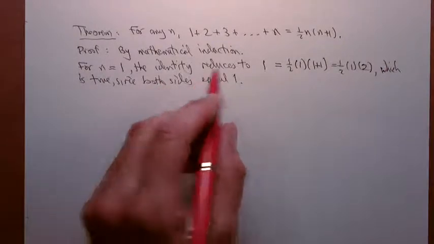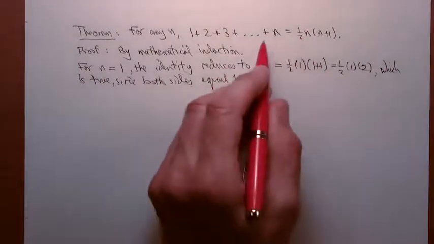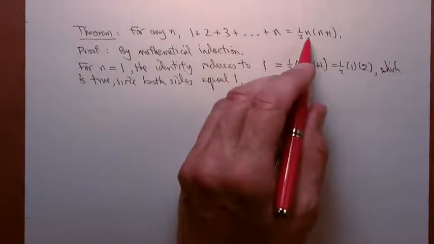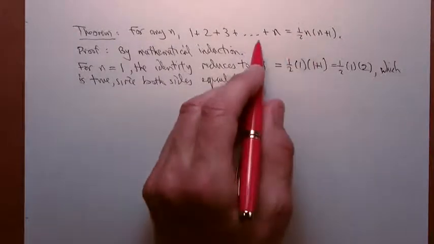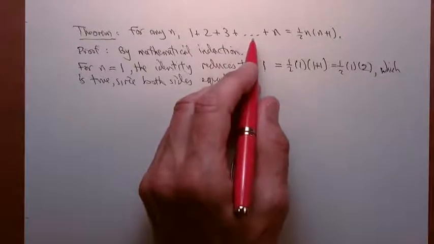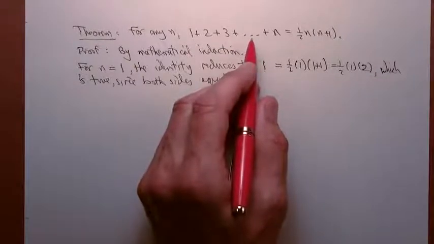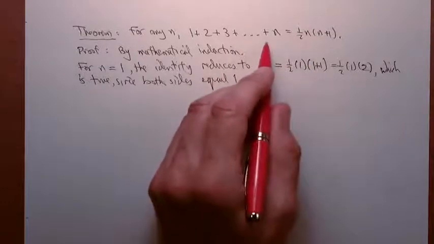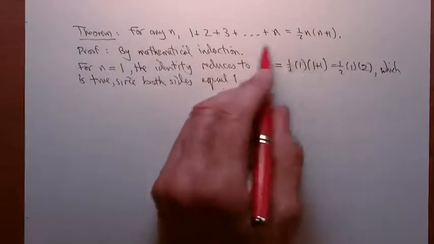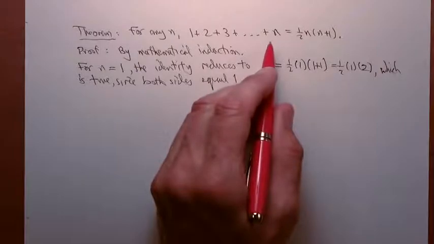Incidentally, you may have noticed that I referred to this not as an equation, but as an identity. The reason is that an equation is something that you solve to find the value of a variable, either x in the case of a real number equation, or n in the case of a natural number equation. But this isn't an equation that you solve for n. This is an identity.